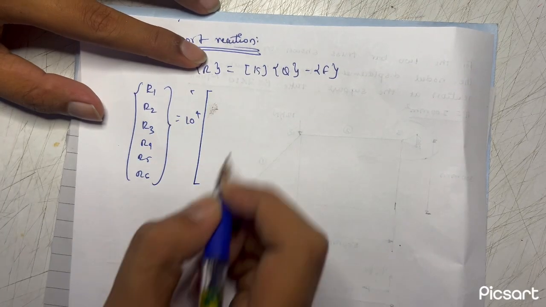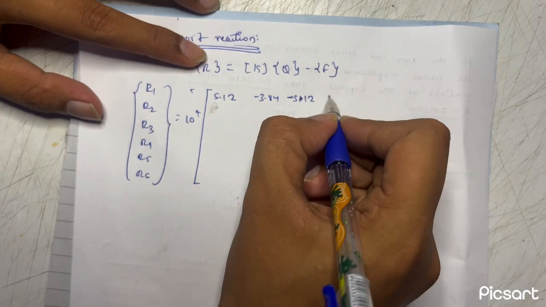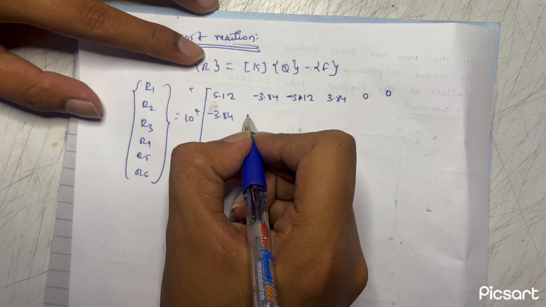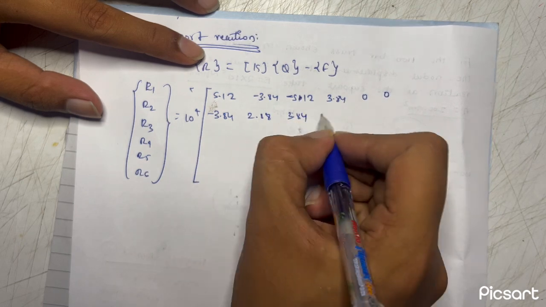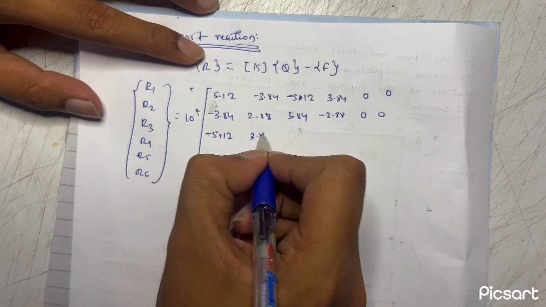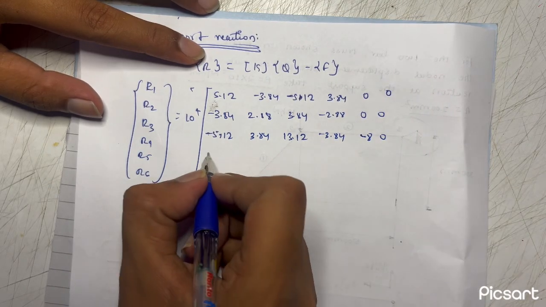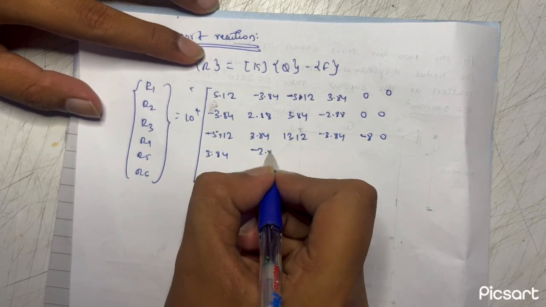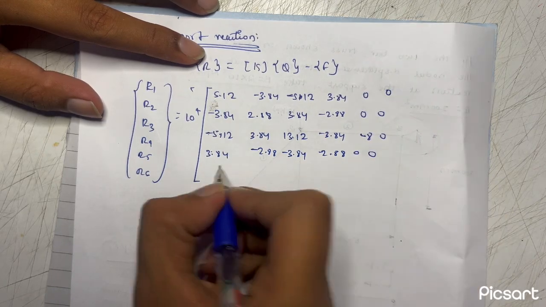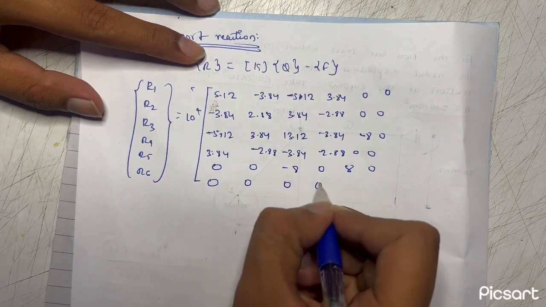I will write 10 raised to 4, 5.12, 3.84, minus 5.12, 3.84, 0, 0, minus 3.84, 2.88, 3.84, minus 2.88, 0, 0, minus 5.12, 3.84, 13.12, minus 3.84, minus 8, 0, 3.84, minus 2.88, minus 3.84, 2.88, 0, 0, 0, 0, minus 8, 0, 8, 0, 0, 0, 0, 0, 0, 0.